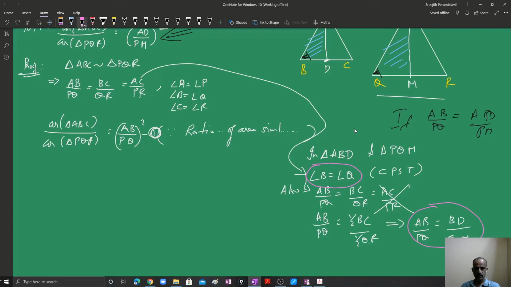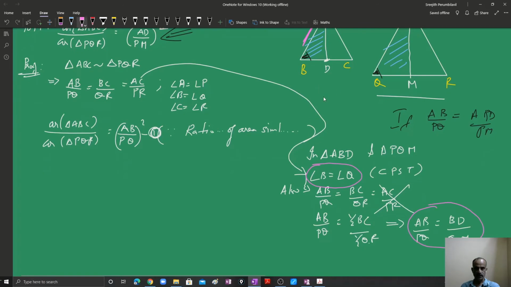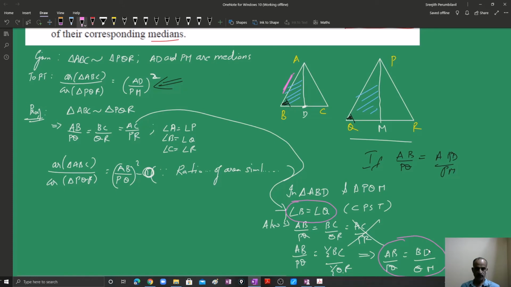Going back to the figure, look at this: AB by PQ is equal to BD by QM, and one more thing, the included angles are equal. So what do you conclude about these two shaded triangles?